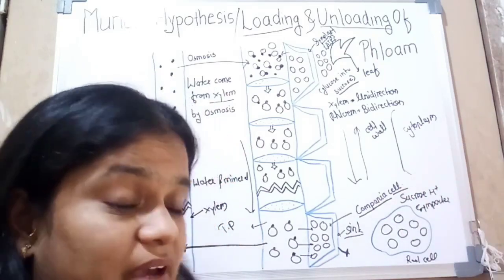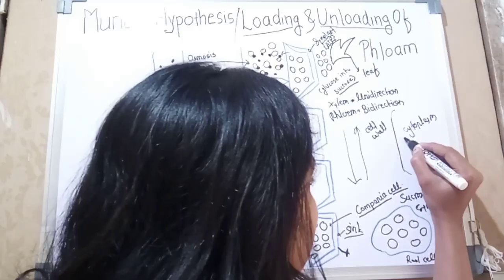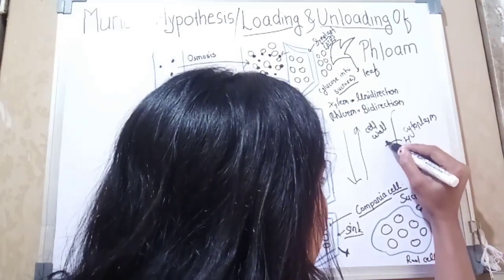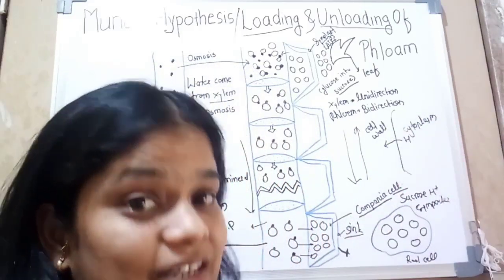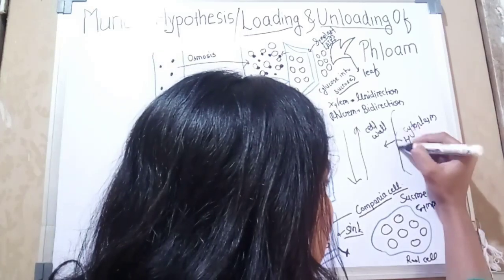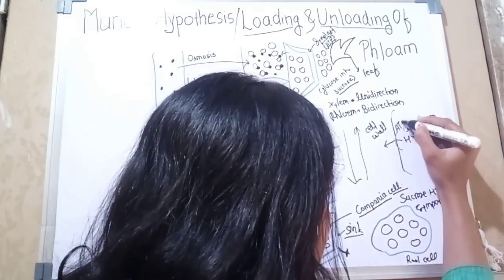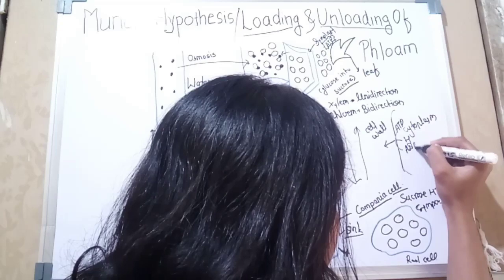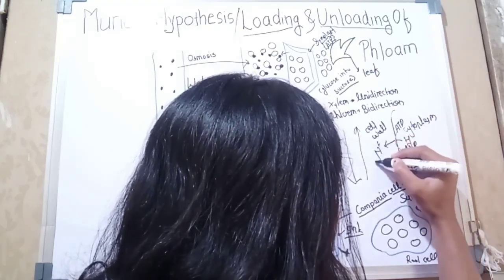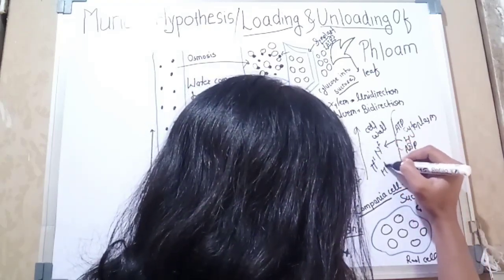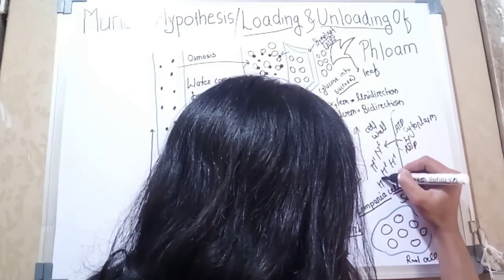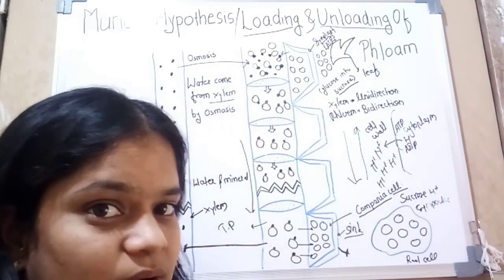The H plus ions move toward the cell wall, and for that movement they require energy. As a result, the H plus concentration outside the cell wall increases.